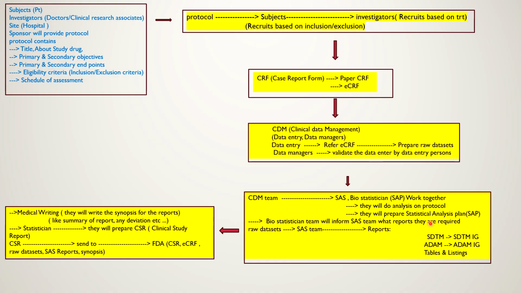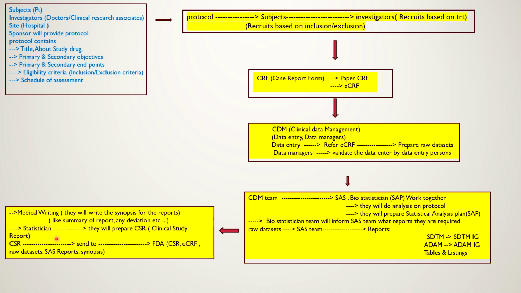The SAS team and the biostatisticians will prepare the statistical analysis plan. Based on the statistical analysis plan, the SAS team will prepare the SDTM domains, ADaM domains, and tables and listings. Once they prepare these, they will send them to the biostatistician. The medical team will also do some work, like the synopsis, summary report, or any deviation; the medical writing people do that.